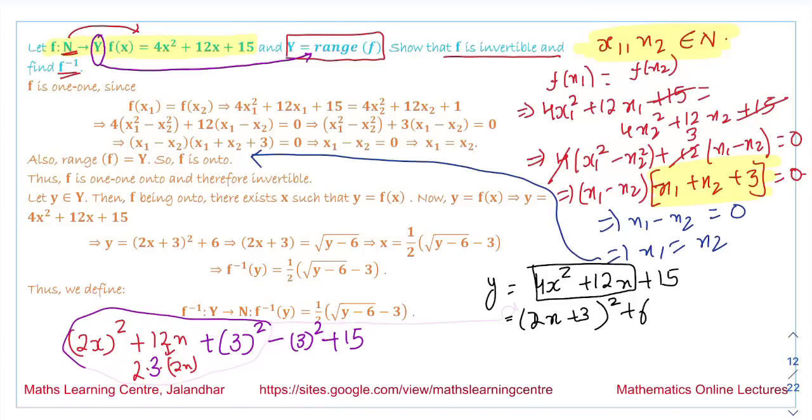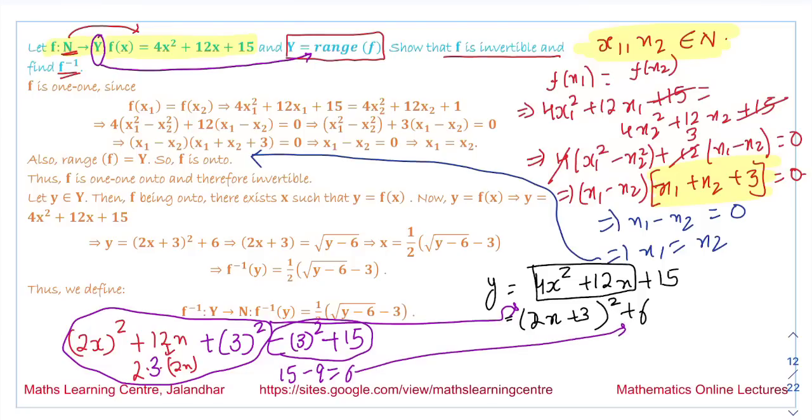So when we add 3 square, this whole term will become 2x plus 3 whole square, and the remaining term is 15 minus 9, which is equal to 6. So we obtain that y is equal to 2x plus 3 whole square plus 6. Now if we move the 6 to this side, we obtain y minus 6 equal to 2x plus 3 whole square. So this implies 2x plus 3 is equal to square root of y minus 6.